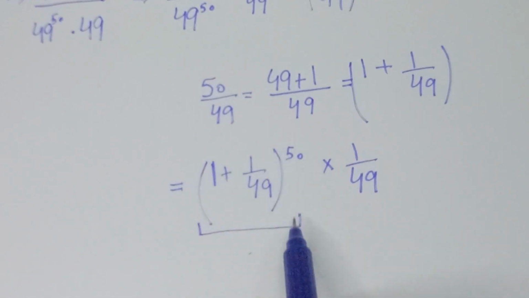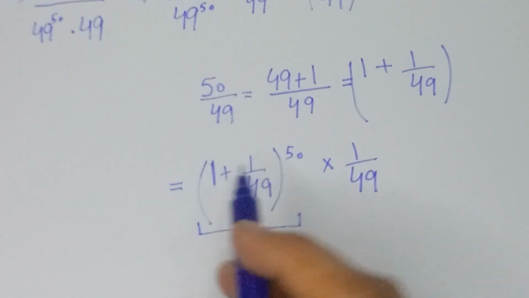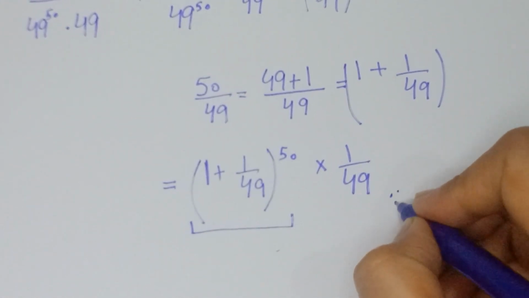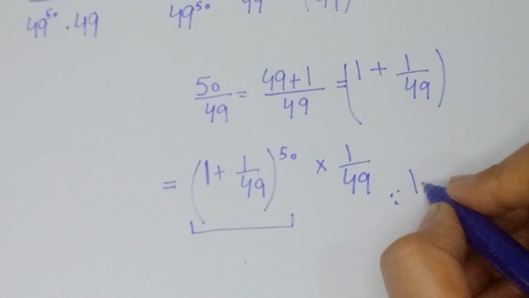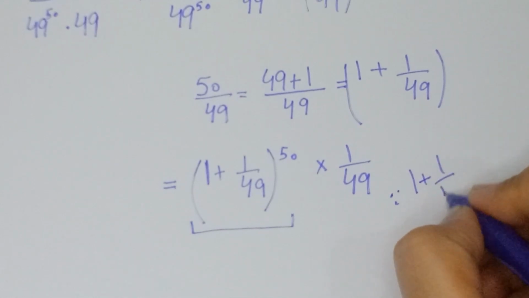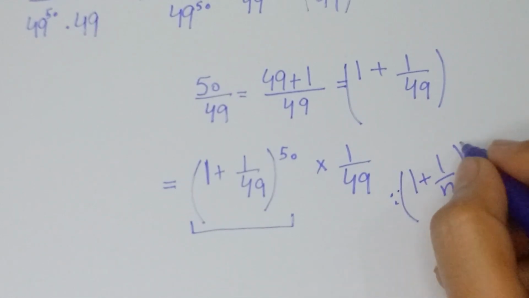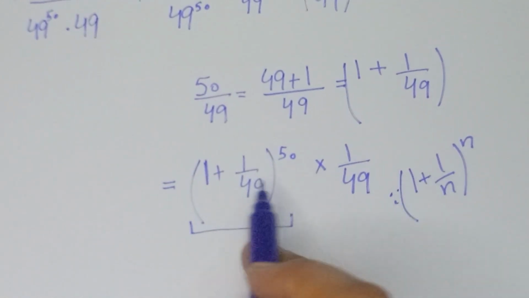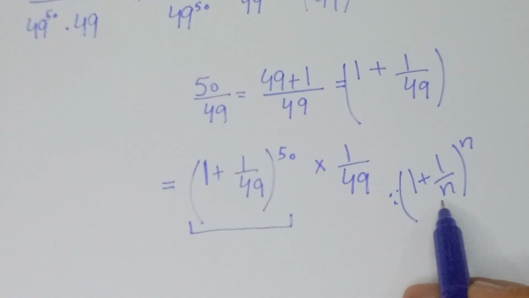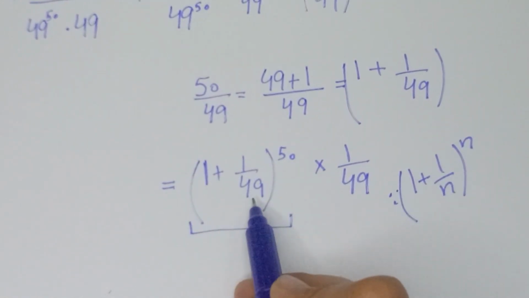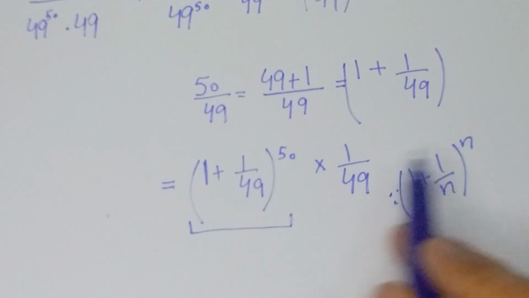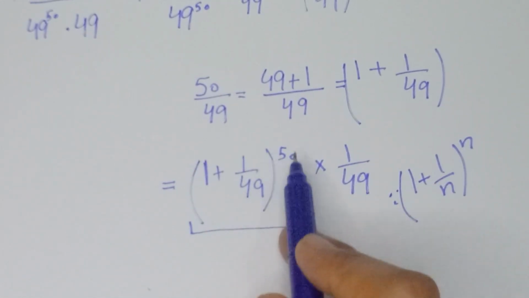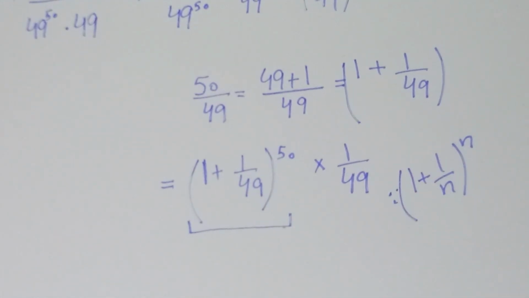We don't like this whole term, because we always have the form 1 plus 1 upon n, power n. If we replace n by 49, the exponent is not 49, the exponent is 50. So we have to consider this one.